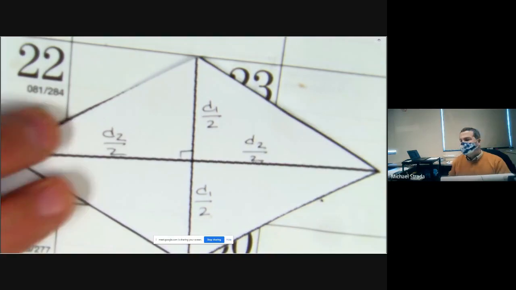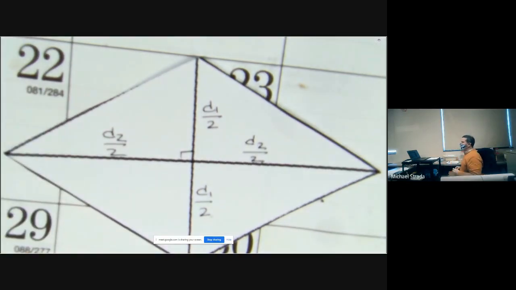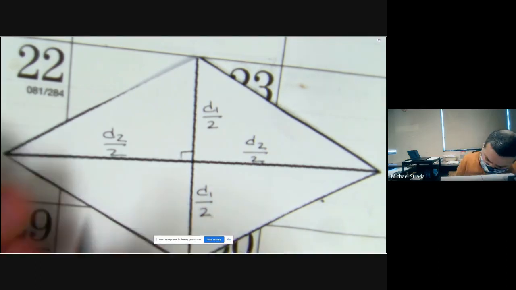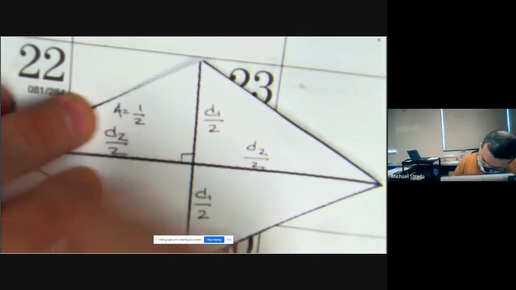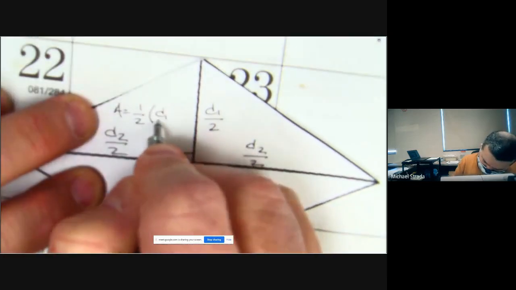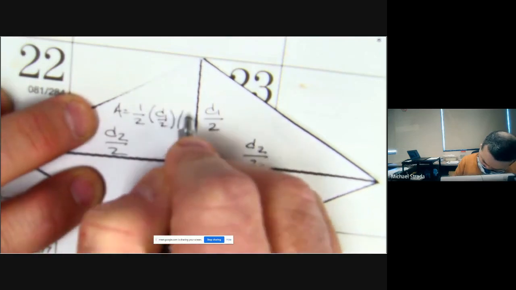The diagonals divide that into 4 congruent triangles. We already dealt with that in chapter 6. The area is 1/2 base times height. So the area of this would be 1/2, D1 over 2, D2 over 2.